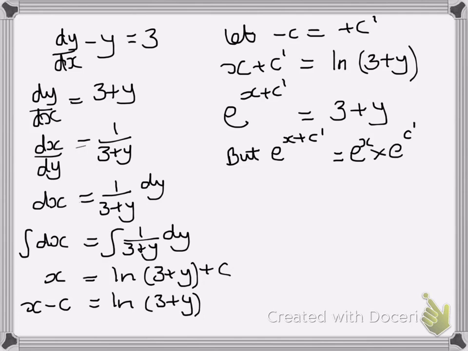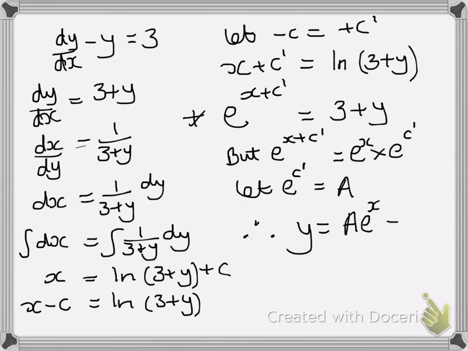And now let e to the c dash equal a. So rearranging our equation, y is therefore equal to a e to the x minus 3.